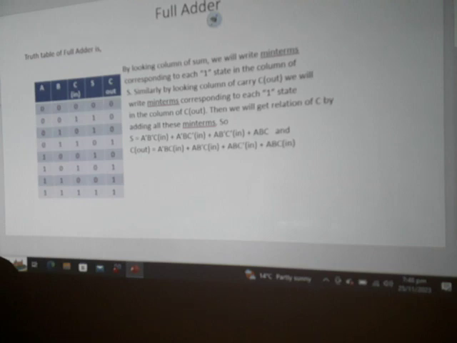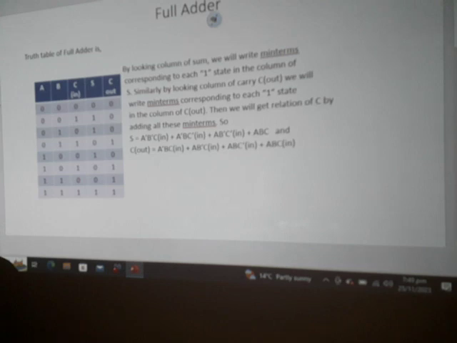Now we are going to write down the relation for sum and carry. So by writing, we will see the column of sum, because we are going to write the relation of sum. So where in this column sum is 1, its corresponding minterm is written.